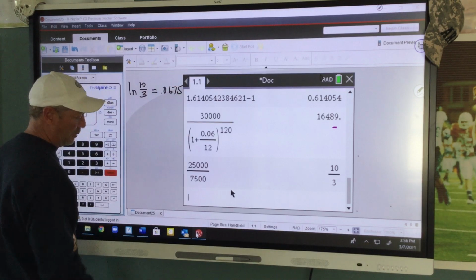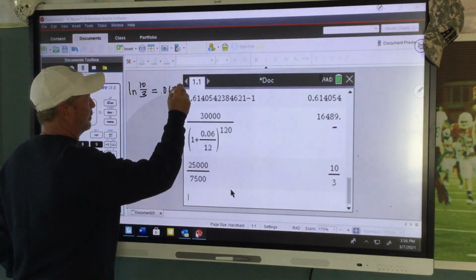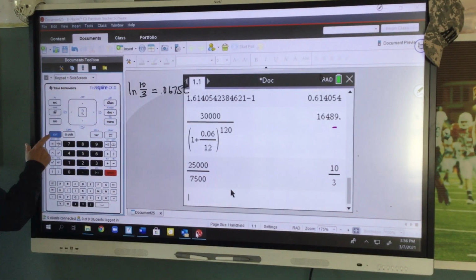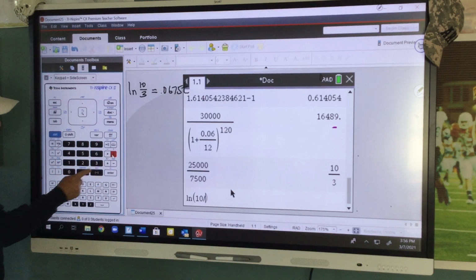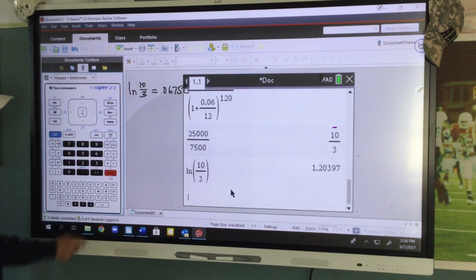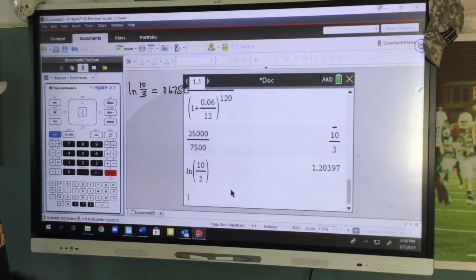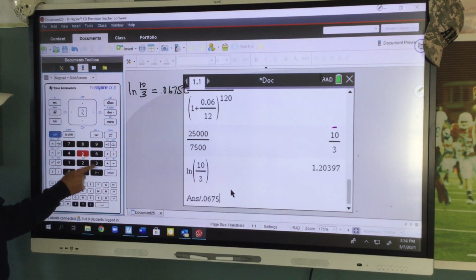Okay, put this in your calculator. We're going to get the natural log, 10 divided by 3. Enter. And then we're going to divide by 0.0675. Enter.